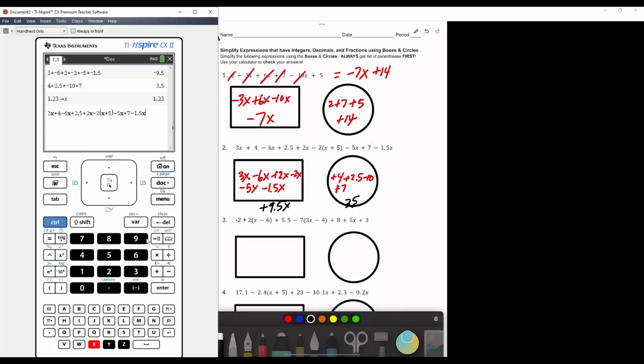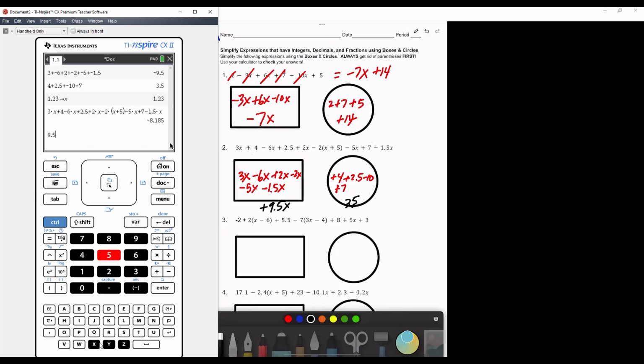Then I press enter, and it says a negative 8.185. Doesn't matter what this number is, but when I key in my simplified expression, it should match. If it doesn't, then that means I've made a mistake. If they match, then I can feel pretty confident that my algebra is good.